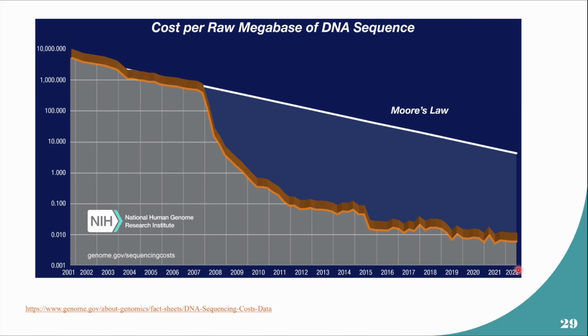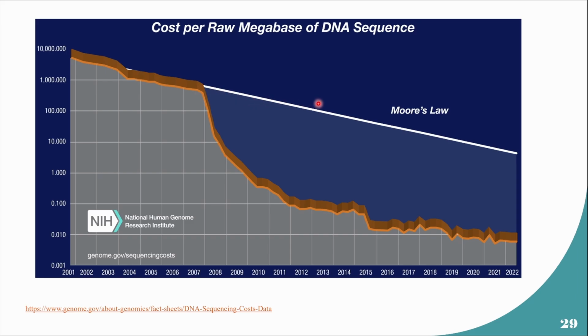I do not have the updated data here, but you will see that the cost of raw megabase per DNA sequence, at a certain point, around the 2007 mark, started falling very rapidly, right? This point indicates the next generation sequencing processes that were being developed at that time, which accelerated the progression in this field by a landslide, you can say, right?